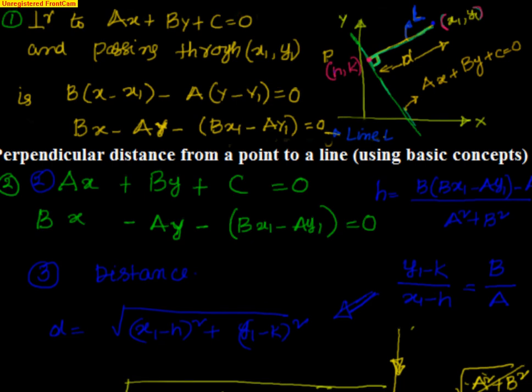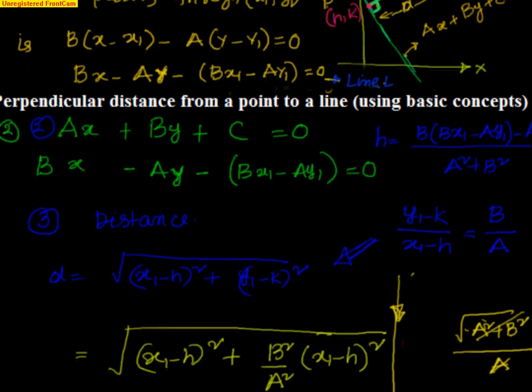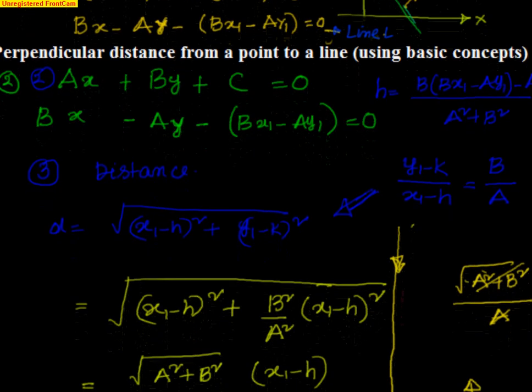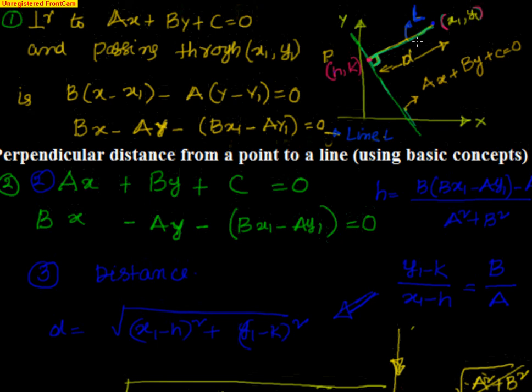Now to simplify finding the distance between 2 points, I have converted the whole distance into x1 terms by leveraging that the slope of this line is nothing but the slope of the line created by x1 y1 and the point of intersection h comma k, which is equal to b by a.